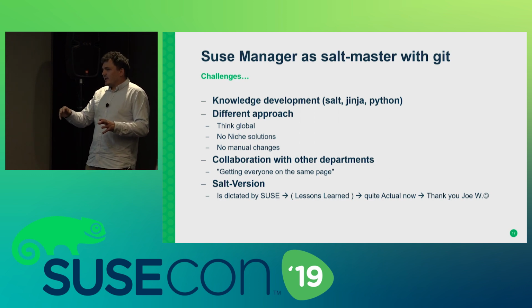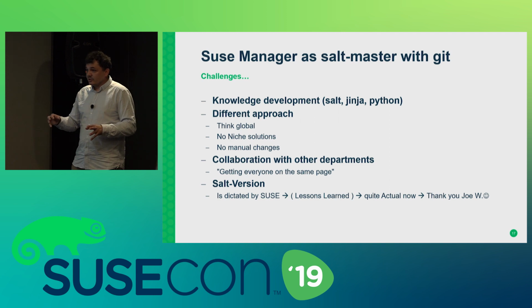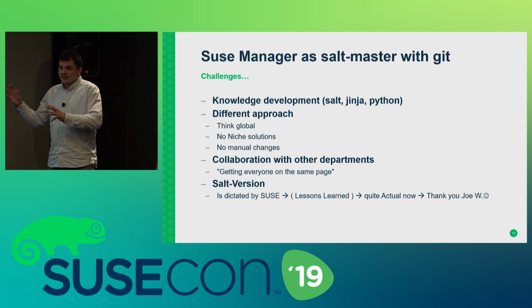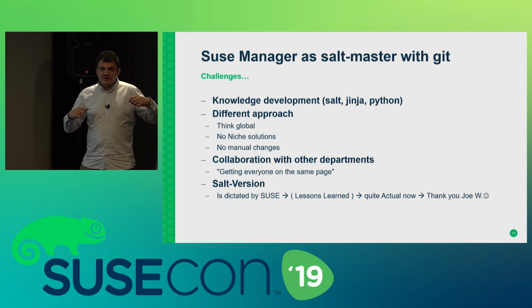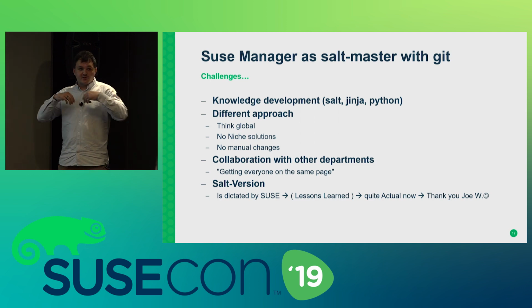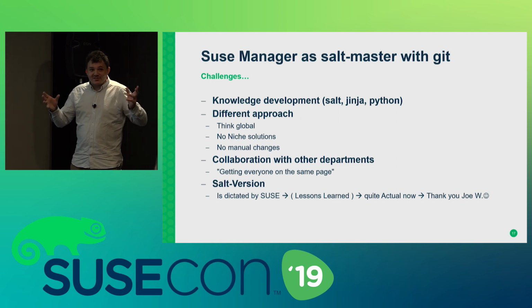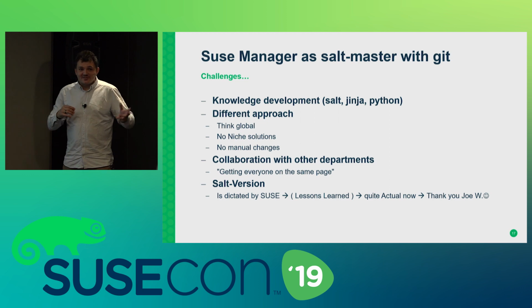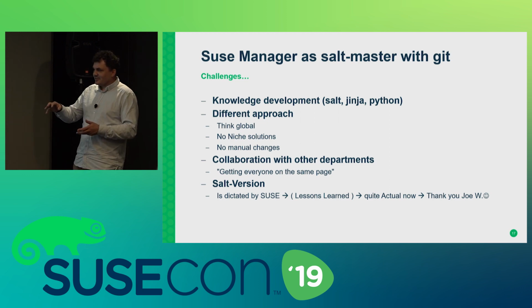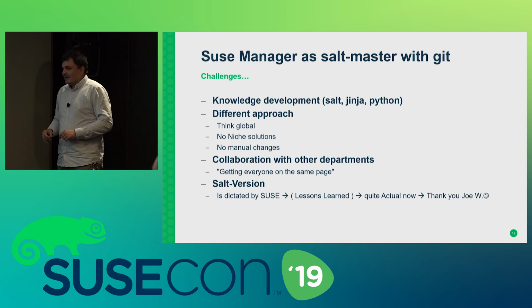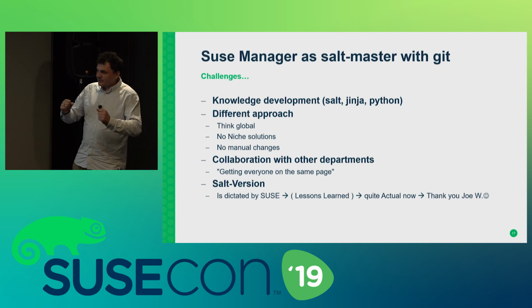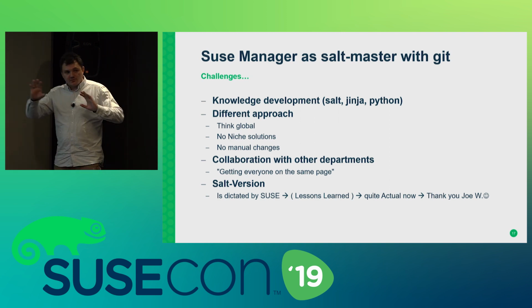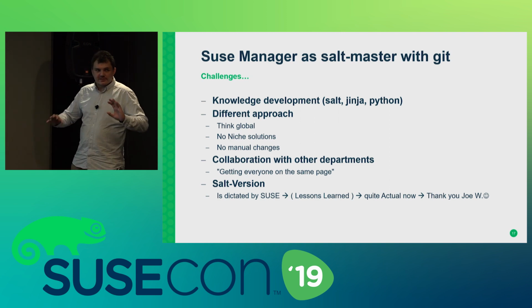Then came 14, and there were a lot of bugs in the modules, and a lot of developers demanding new functionality they see online, because if you go to Git, you always see the newest things and you don't see the old stuff. And this was a special version even, where you were not able to see in Git the version we had. But thanks to Joe Werner, this is going forward now, and it's quite actual. It's not the newest version, but it's quite actual and stable. Okay?